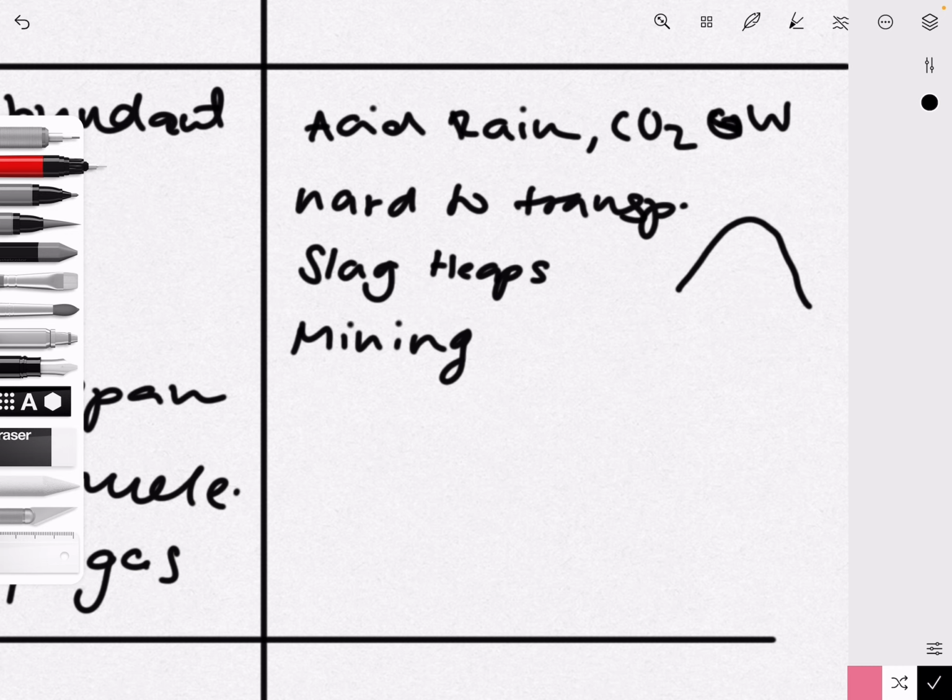And what will happen is that whilst mining, if you hit something a little too hard, you'll form a spark. This spark is sufficient to overcome the gas's activation energy, leading to a big explosion, which just blows up the whole mine, which is obviously not very good for the workers working in it. So not very safe, not safe at all.